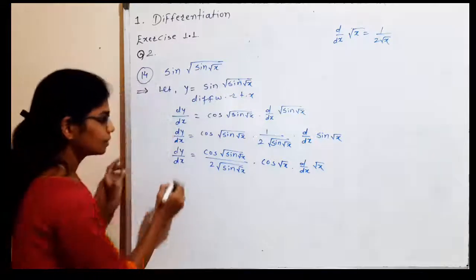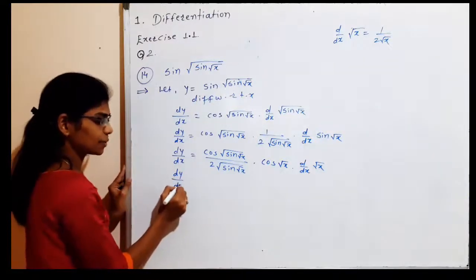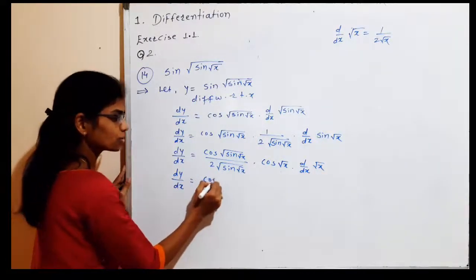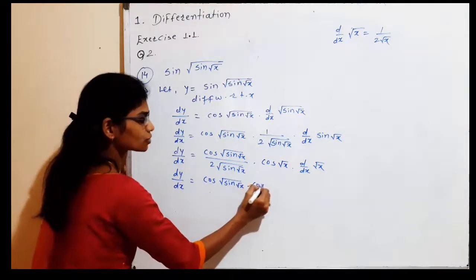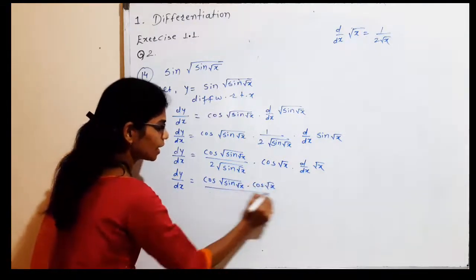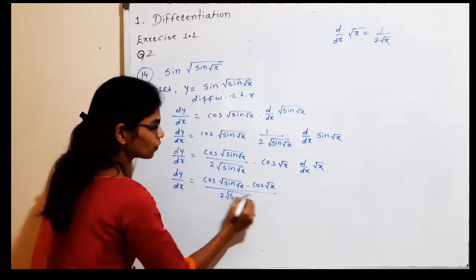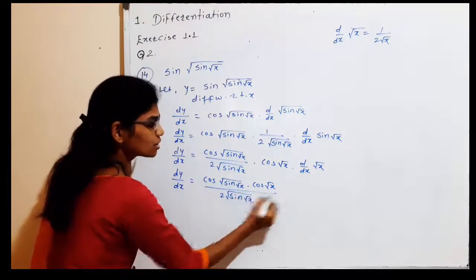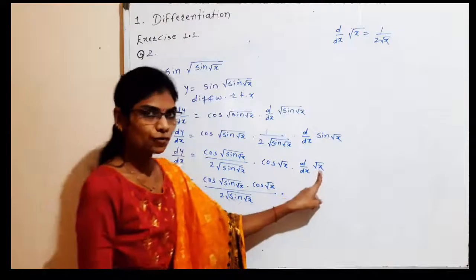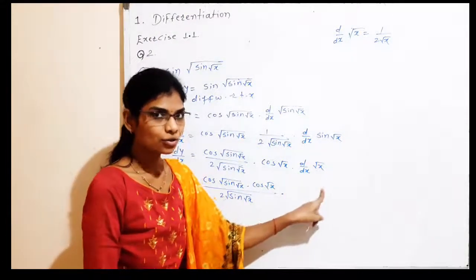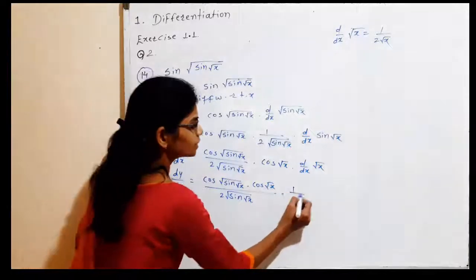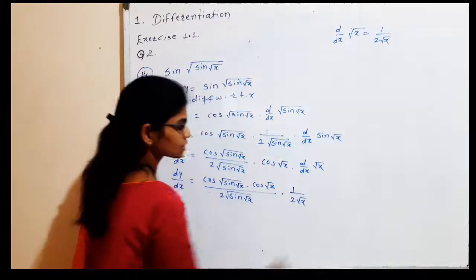So at the next step, the derivative of y with respect to x is equal to cos of square root of sine root x multiplied by cos of root x divided by 2 into square root of sine of root x, multiplied by the derivative of root x. We have that formula: the derivative of root x is 1 by 2 root x, therefore its value is 1 divided by 2 root x.